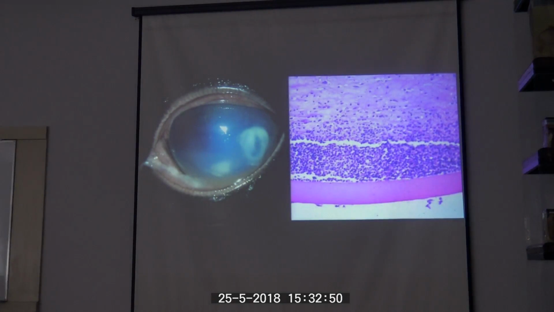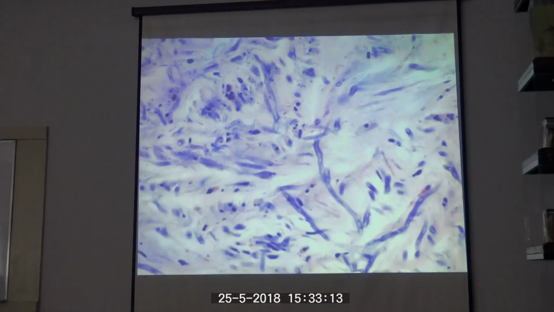Going a little deeper into the cornea, here we are in the eye of a horse, where we have these regions that correspond to aggregates of neutrophils. They're centered on the Descemet membrane. This is typical of deep corneal stromal abscesses. And what you would then want to look for are fungal organisms.